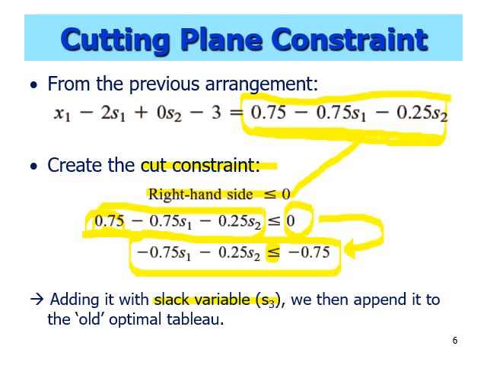And then we append that cut constraint into the old optimal table. So we had an optimal table before, and you have converted this constraint into standard form by adding S3. Now you're ready to put this new constraint into that old table. Let's see how we can do that.